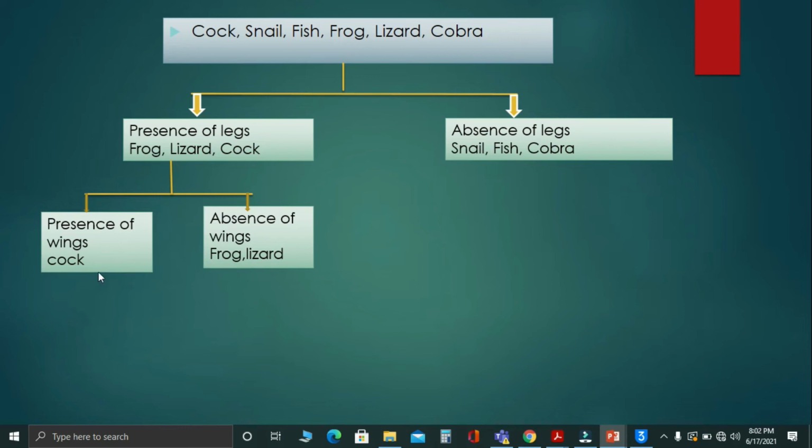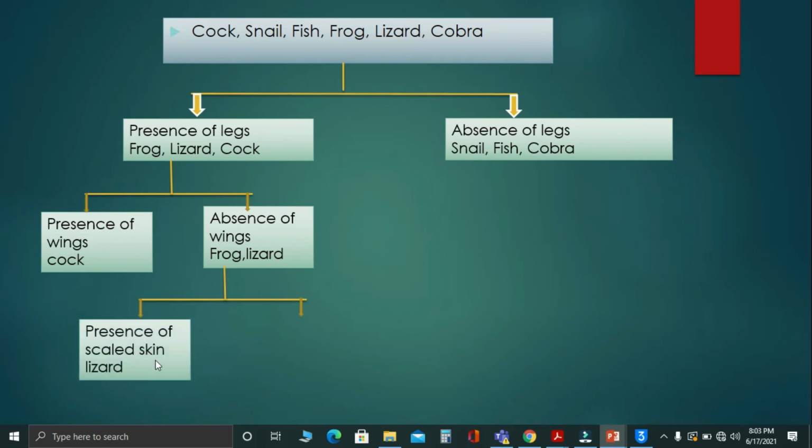Now this box has only one animal, so we cannot divide this group again. So we will end by grouping this one. Here there are two animals remaining, so we can select a feature and divide these animals again.